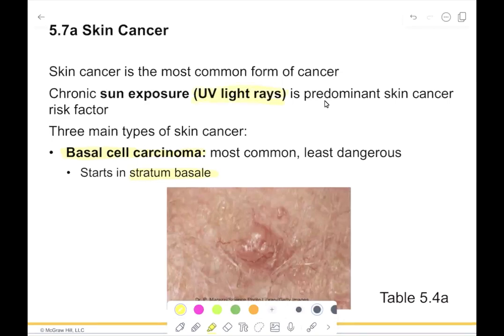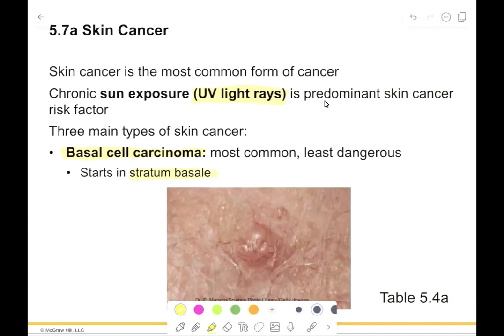So, this is why you should wear a hat in the sun. You definitely should wear sunscreen as well. They've discovered, I believe, that 30 SPF prevents against 97% of UV rays. 50 SPF prevents against 98% of UV rays, and 100 SPF prevents against 99% UV rays.